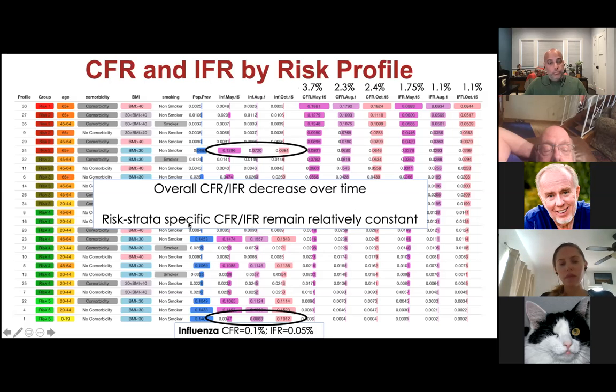But the risk strata specific CFRs stay relatively constant in that context. And what's really shifting is the proportion or the prevalence of these different risk categories at that given time frame. And it is also interesting then to compare these different estimates of these percentages to what is reported in terms of the flu, which is about the CFR being 0.1% and the IFR being 0.05%.